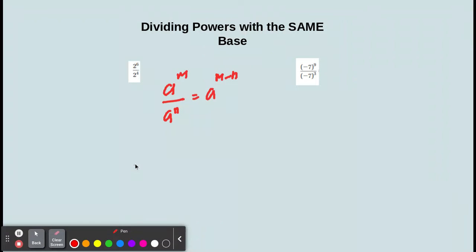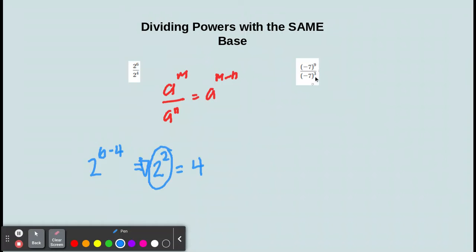So let's look at this one, 2 to the 6th over 2 to the 4th. So 2 is our base. We're going to subtract our powers or exponents. 6 minus 4 is 2. So this answer is actually 2 to the 2nd power, which is the same thing as 4, right? But we can leave it as this. That's fine.